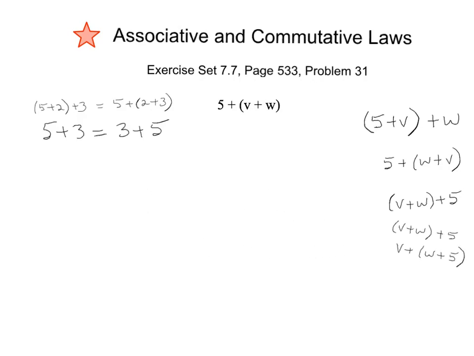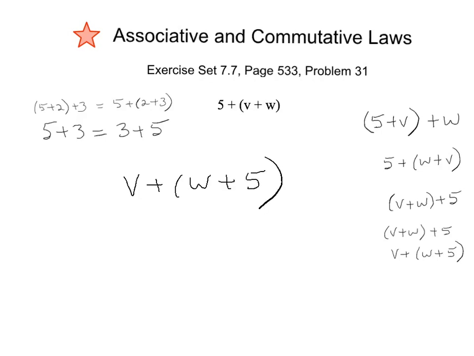Now I'll do one more, but I think you can see that there are many different equivalent expressions that you could generate using the associative and commutative law. But let's just do one more, an easy one. We've got V plus (W + 5) in the bracket. We simply use the commutative law to change the order of the two terms inside the bracket.